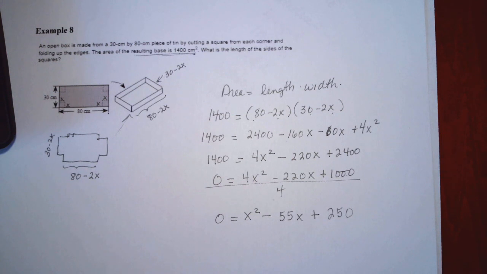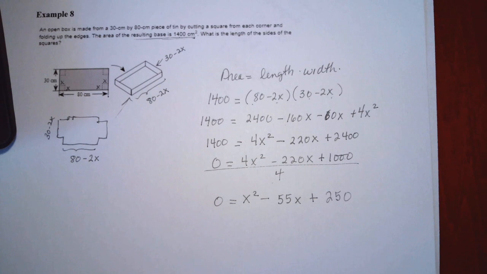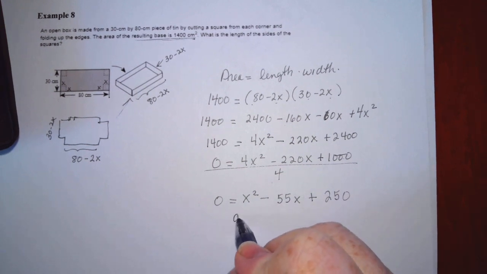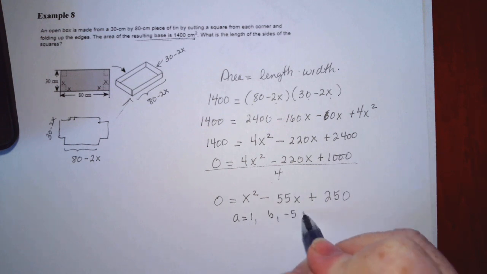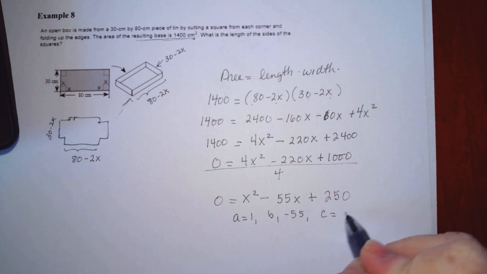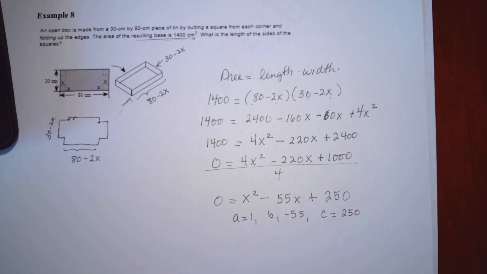Okay. Now, we can try to factor this, or we could try to use the quadratic formula on it. What do you guys want to do? You want to try the quadratic? Okay. So if we use the quadratic formula on it, A is 1, B is negative 55, and C is 250.